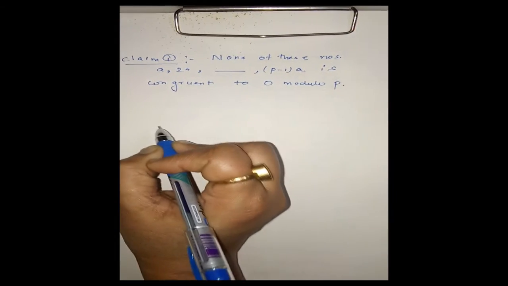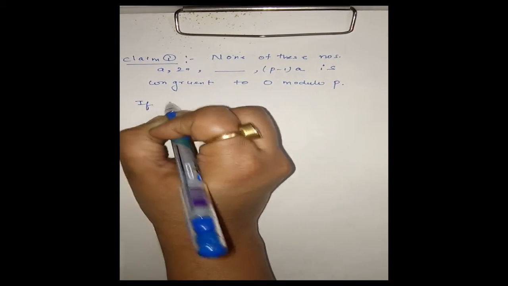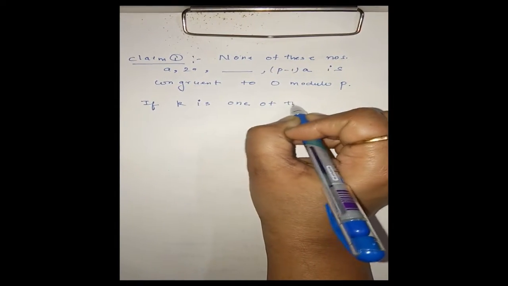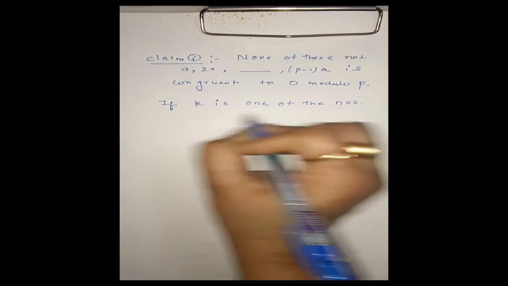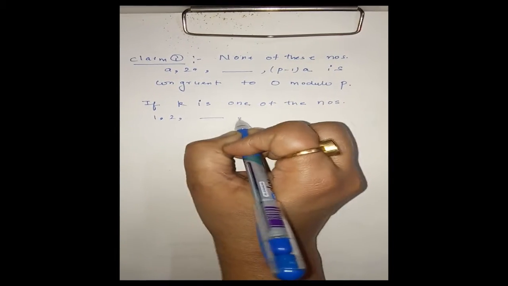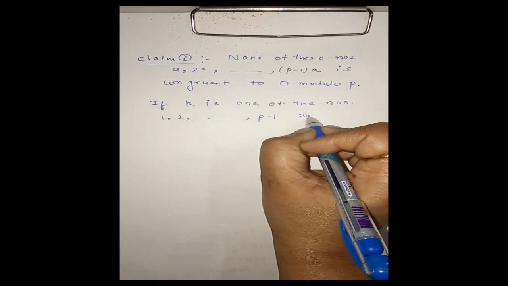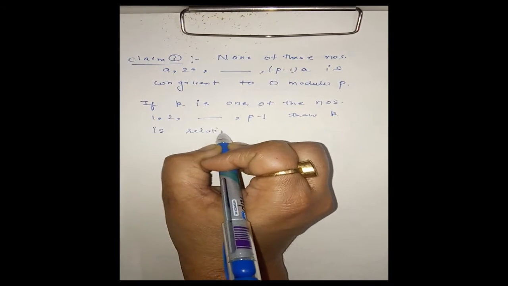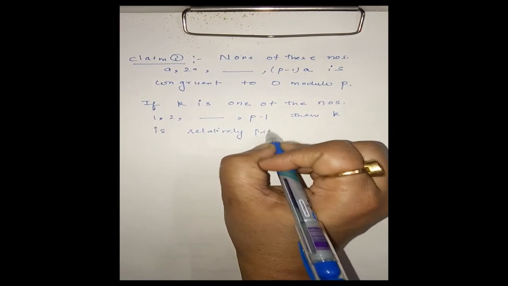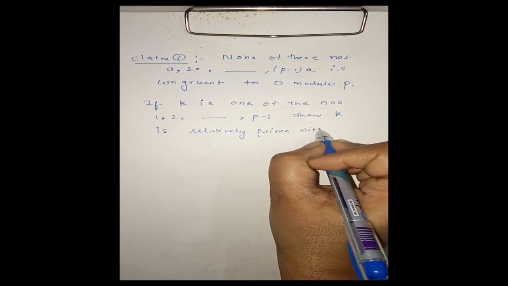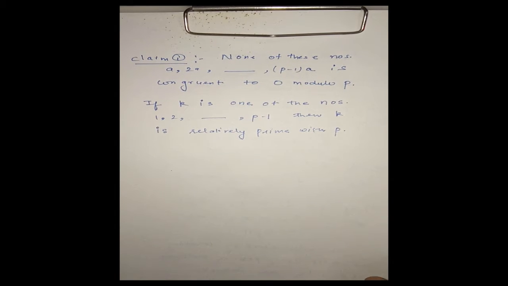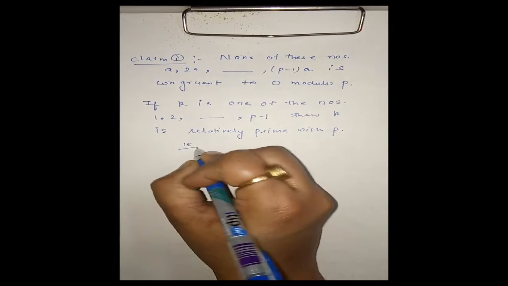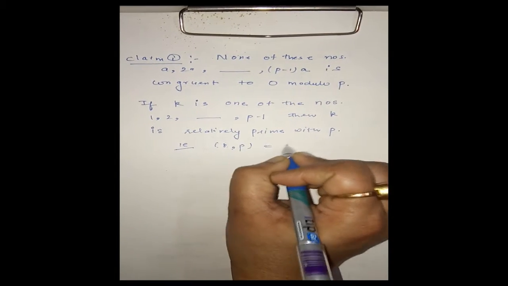Now if K is one of the numbers 1, 2 up to P minus 1, then K is relatively prime with P. That is, the GCD of K and P is 1.